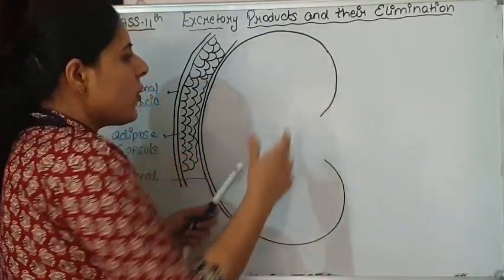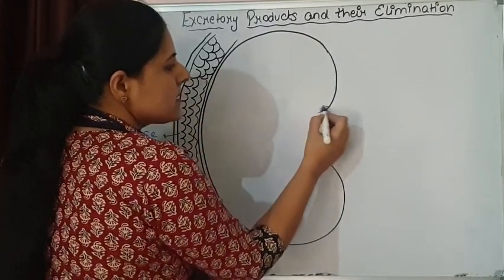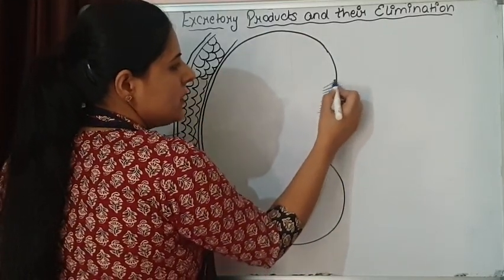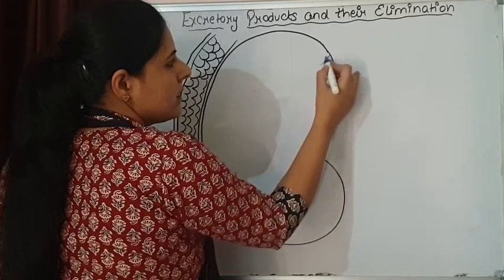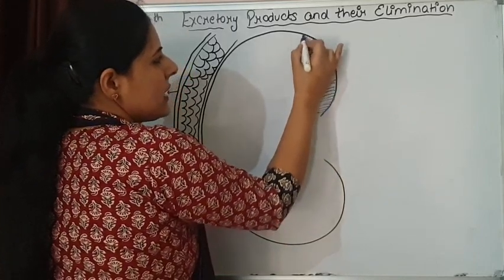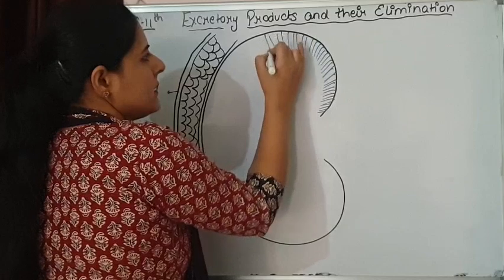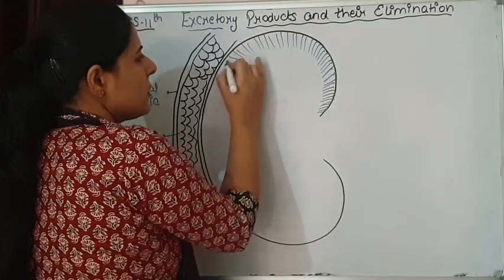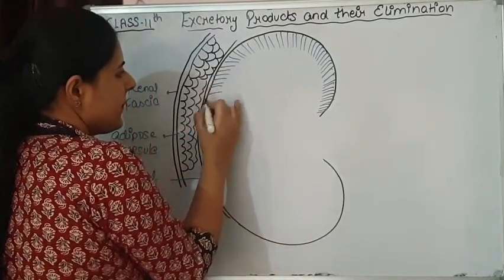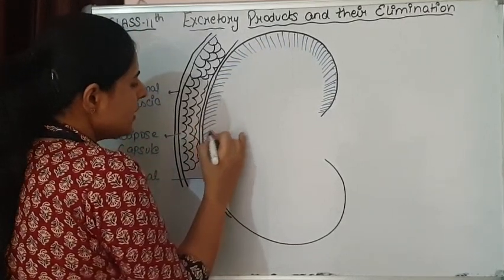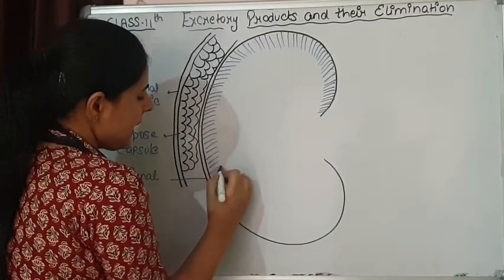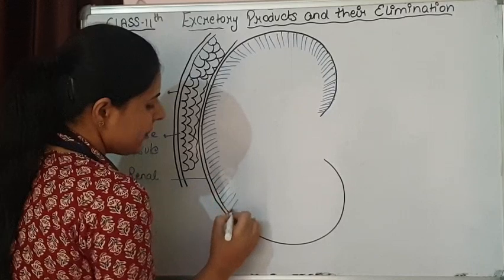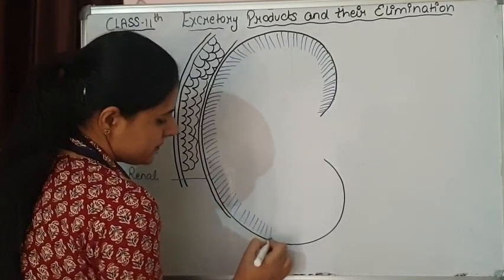The outer portion is a darker portion known as the cortex. The region inner to this cortex is lighter in color, and that is the medulla.